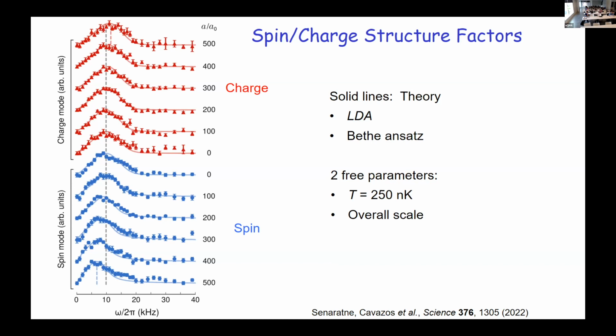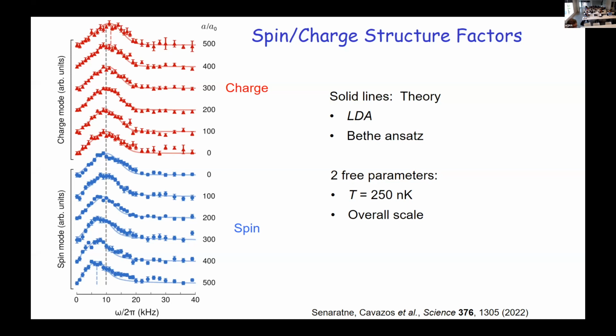So the data, of course, are the symbols, but the solid lines indicate theory from Zhiwen Guan and Han Pu, in which the local density approximation is invoked because the density profile is not uniform. And this is using the beta ansatz with some adjustments for nonlinearity.